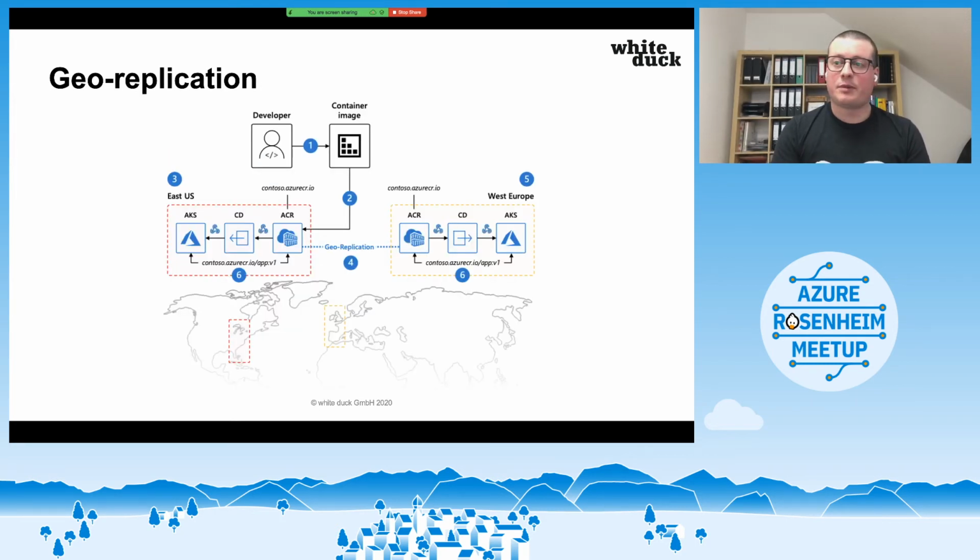Another nice feature is geo-replication. If you have a geo-replicated environment, maybe running multiple Kubernetes clusters in different data centers, or let's say you have one running in the US and one running in Europe, you can deploy a container registry next to each of the Kubernetes clusters with geo-replication to make sure that the container gets started pretty fast, so that the image does not need to be downloaded from a different part of the world, but is next to your Kubernetes cluster and can be downloaded and started pretty quickly.